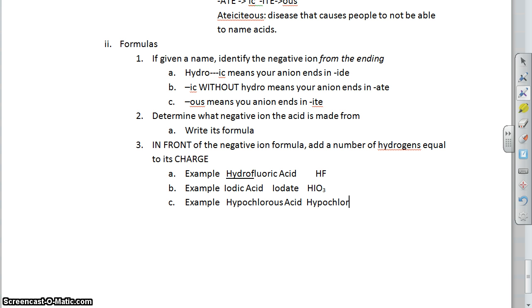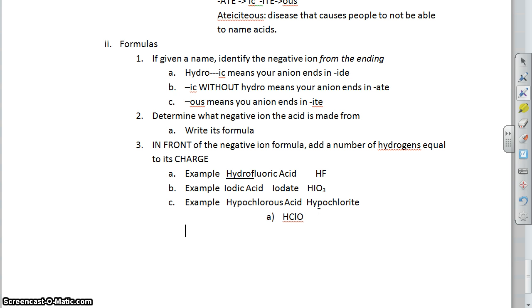Chop off the OUS. Hypochlor is our stem. OUS is from an ite, so this must be hypochlorite. So we go look on our ion sheet for hypochlorite, and we see that it's ClO with a -1 charge. And so we're going to stick one H in front. And that's how you do that.